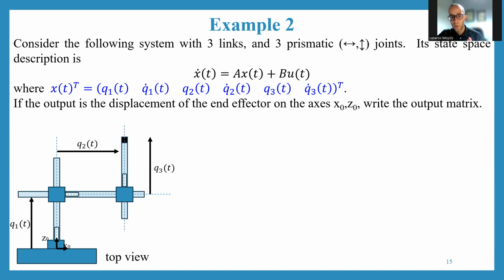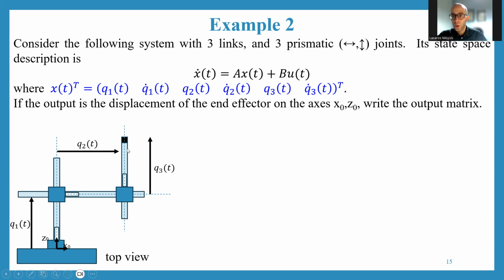Okay, since we have displacement in two coordinates, I'm actually gonna have two outputs, right? So the first output, let's think about the horizontal position of this end effector. This goes up and down, this goes left and right, and this goes up and down, right? So the displacement in the horizontal plane for the end effector is actually just Q2.